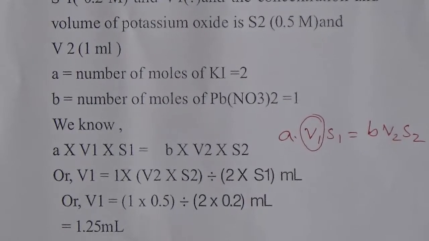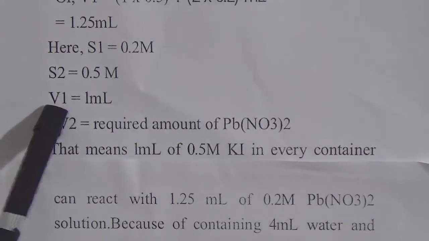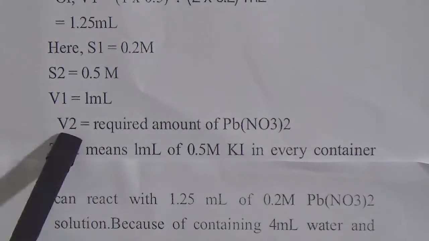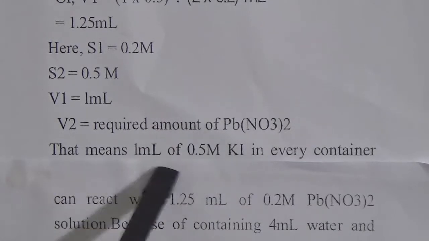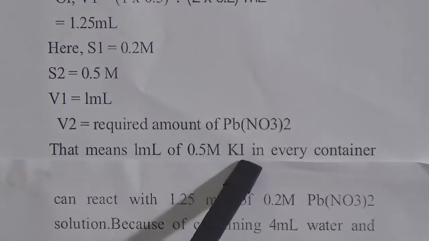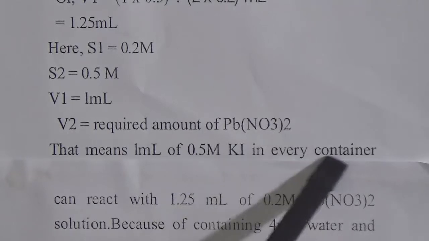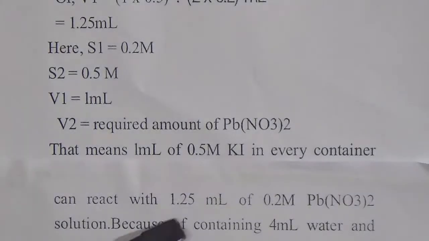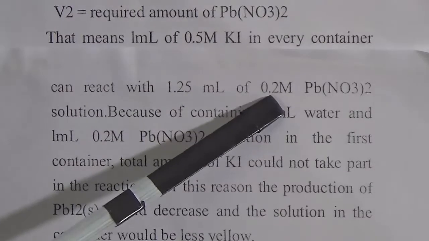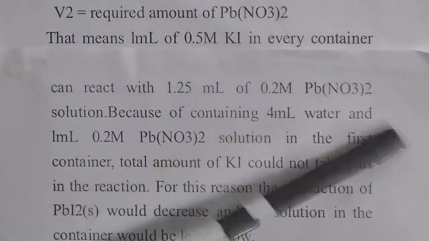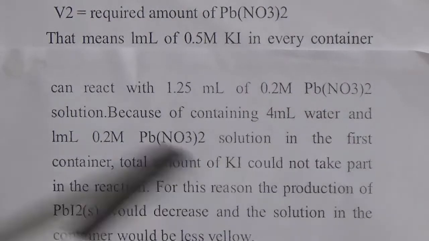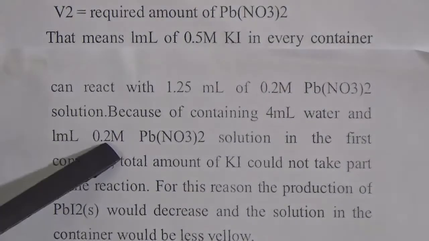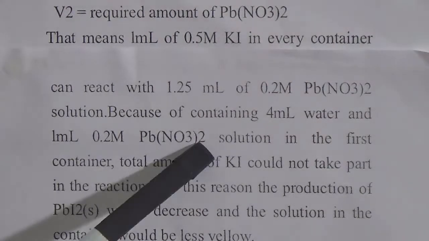Here S1 is 0.2 molar, S2 is 0.5 molar, V2 is 1 ml, and V1 is the required amount of lead nitrate. That means 1 ml of 0.5 molar potassium iodide in every container can react with 1.25 ml of 0.2 molar lead nitrate solution. The first container contains 4 ml water and 1 ml of 0.2 molar lead nitrate solution.